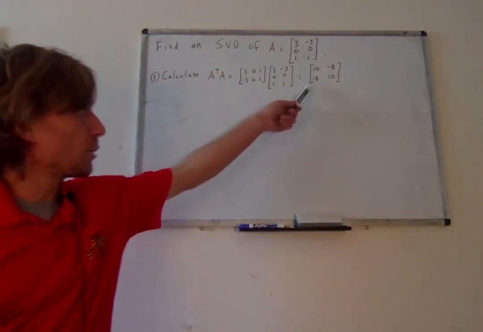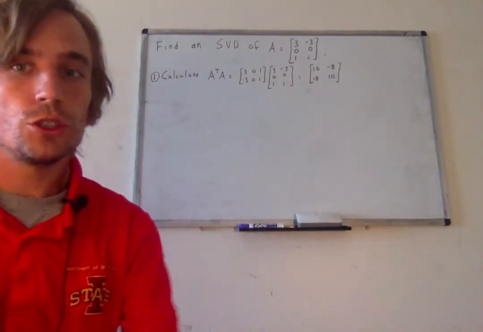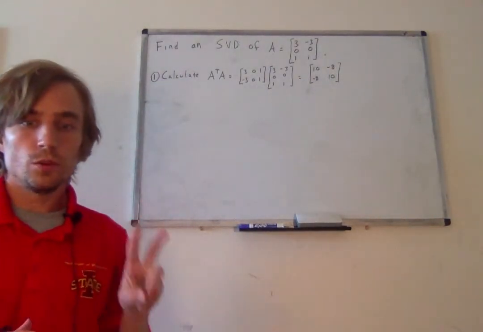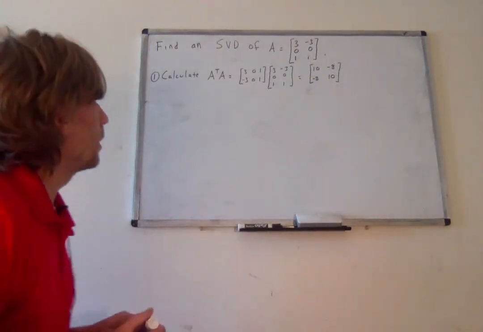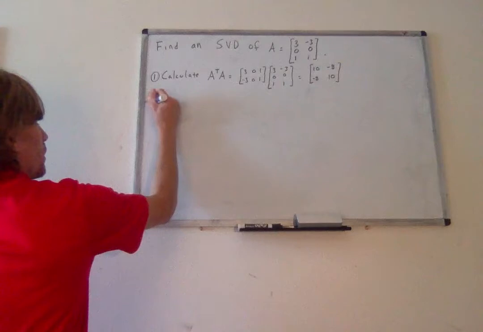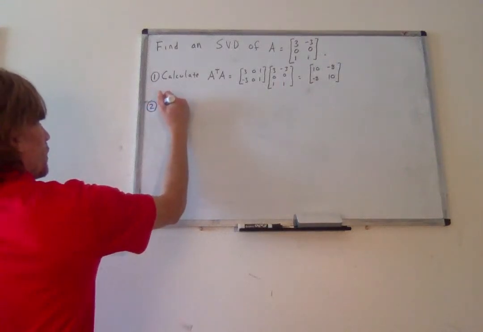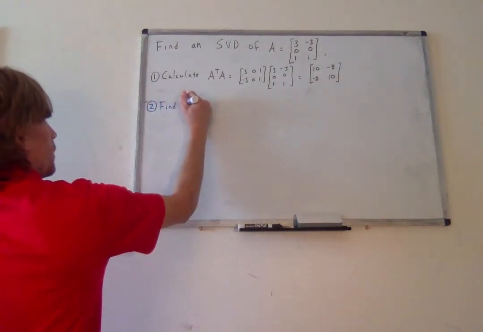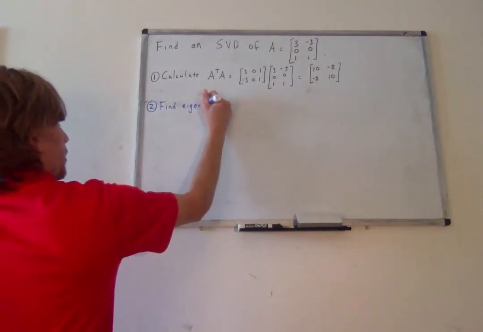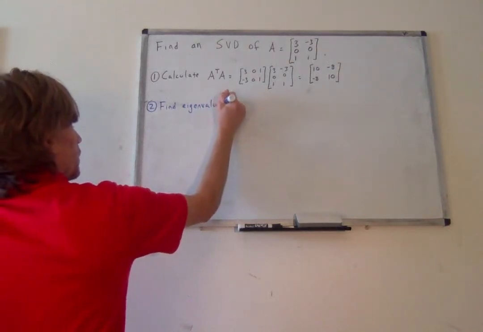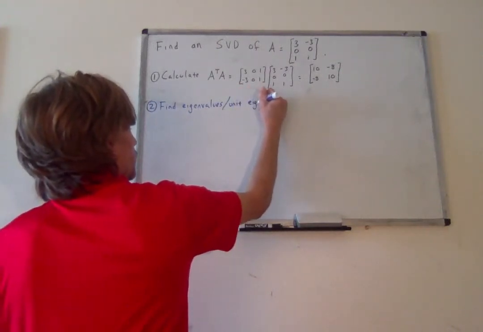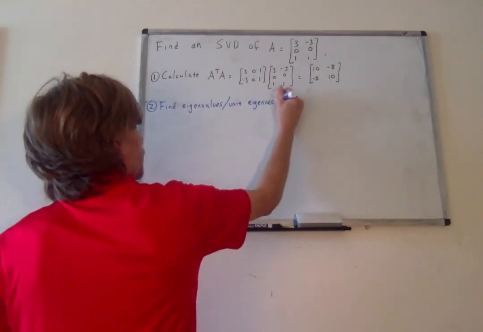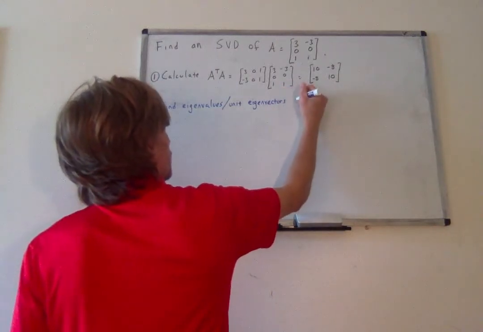So this matrix is A transpose A. This matrix should have two eigenvalues with two corresponding unit eigenvectors. Probably at this step, I will just state the eigenvalues since it's not really the focus of this problem.